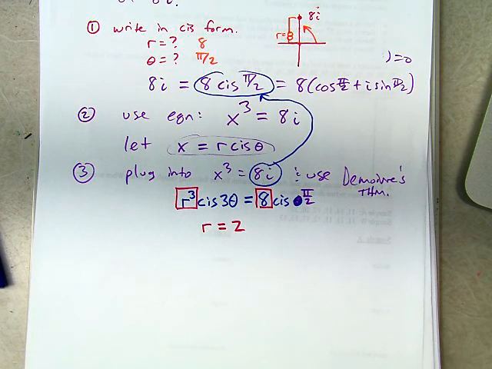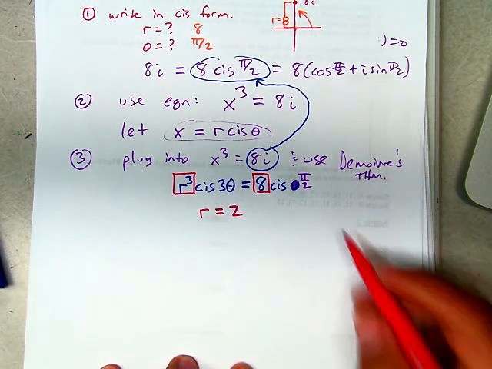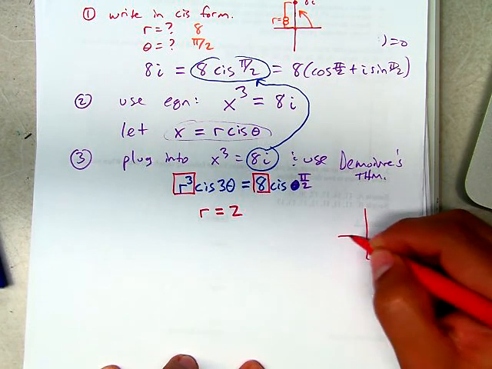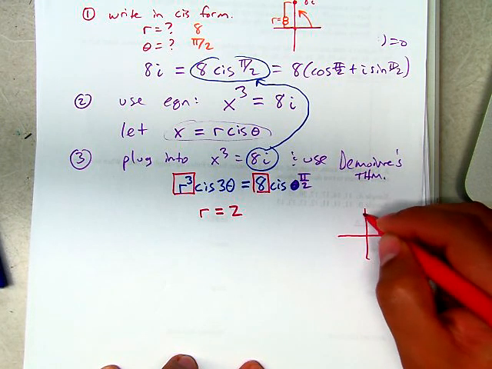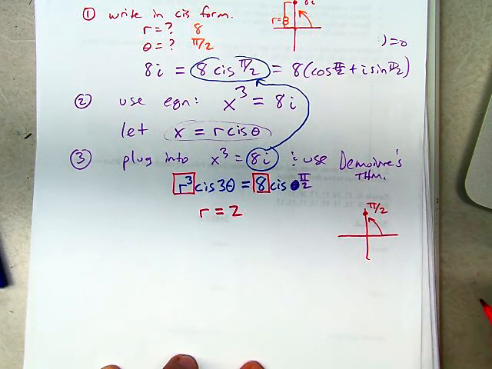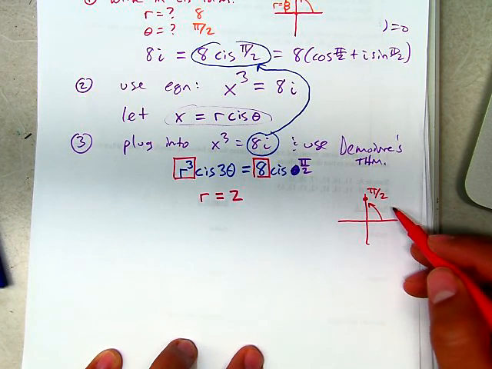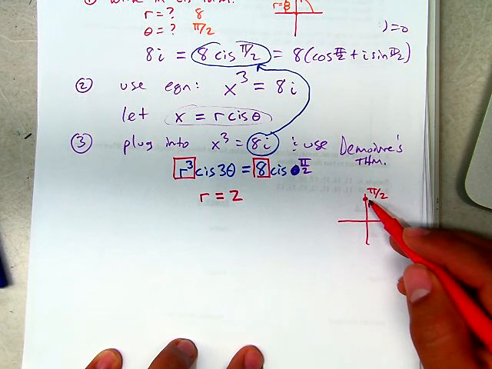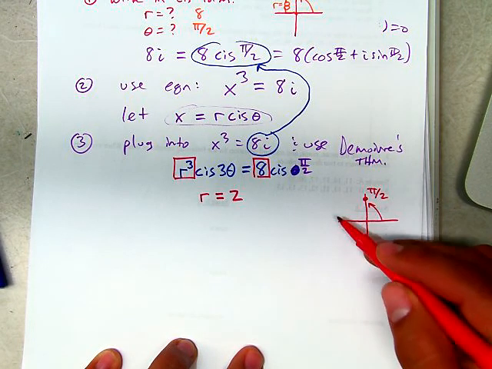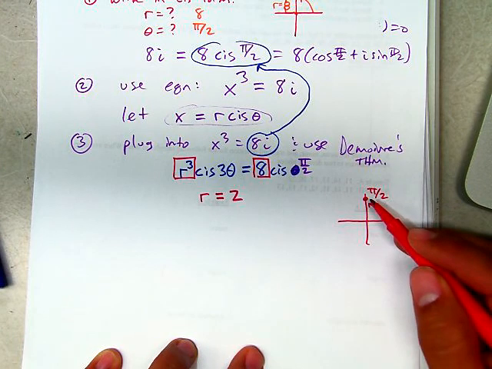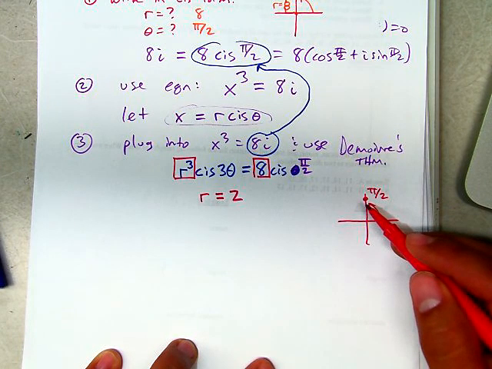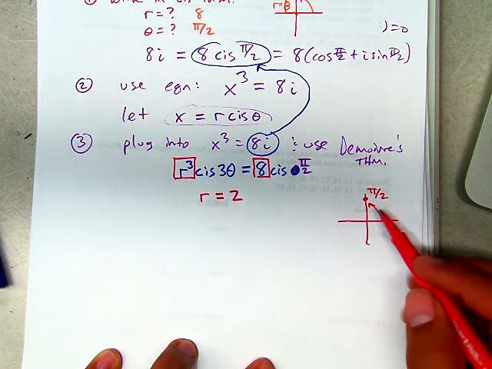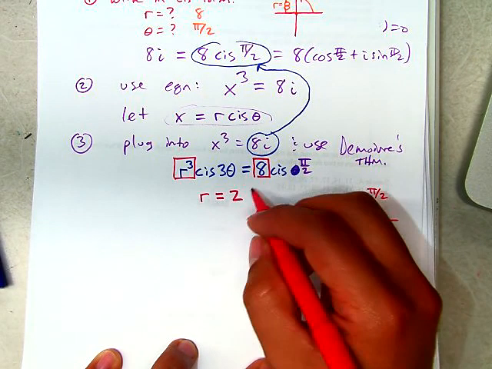And now, this is the part that's a little tricky. This angle over here is pi over 2, right? What could I add to pi over 2 so that I end up going right back to the same spot? You guys remember adding that 2 pi k from a while back, right? That was ages ago.